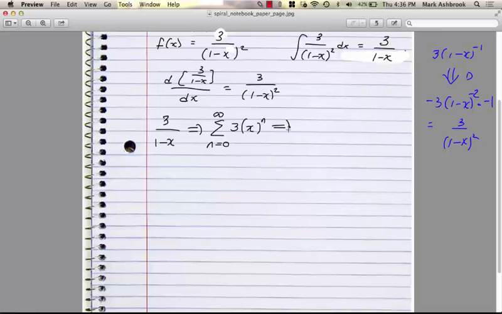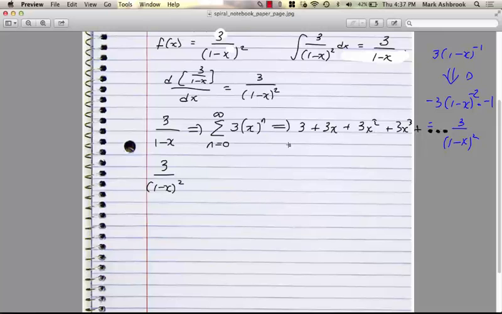Let's write out some terms here. It'd be 3 plus 3x plus 3x squared plus 3x cubed, etc. So then we know that the derivative of 3 over 1 minus x is the one that we have.